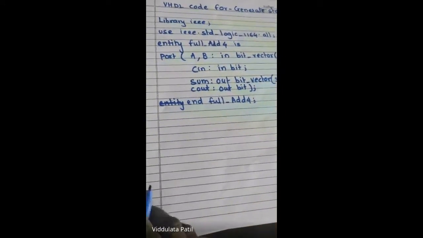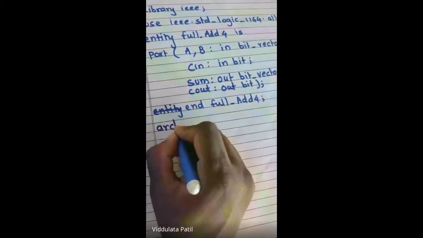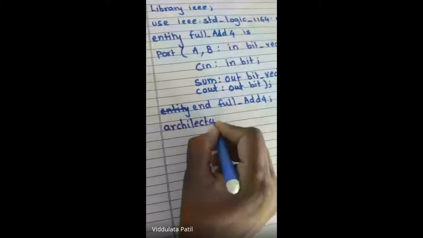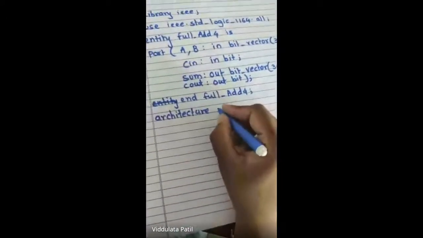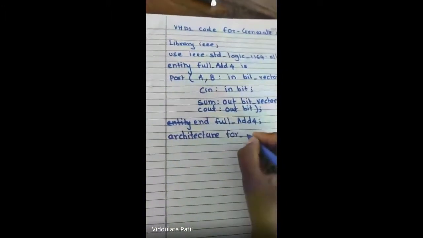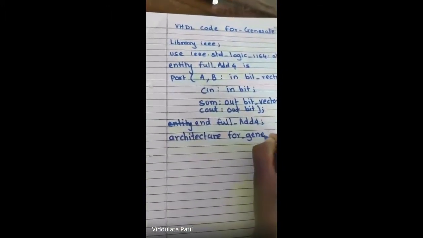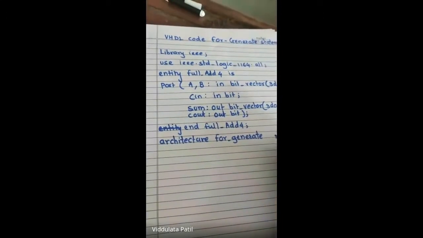So end of this entity, and after that now we need to declare architecture. Okay, as I am going to use a for generate statement, so I'll use for_generate as an architecture name.